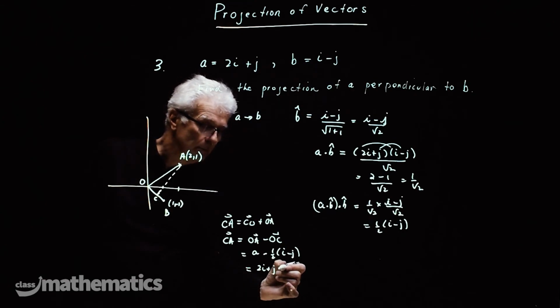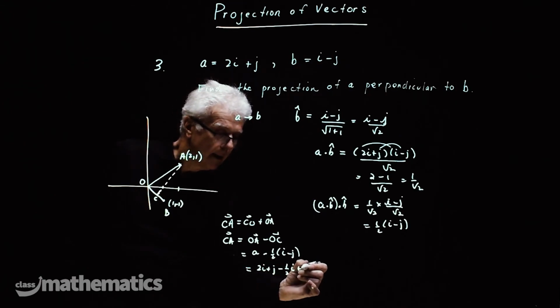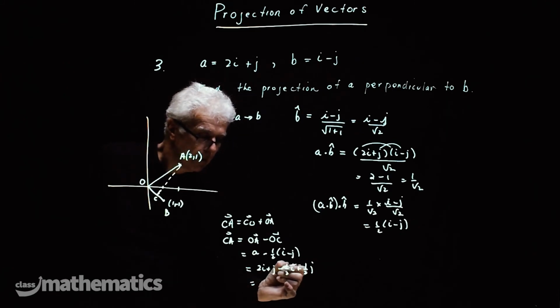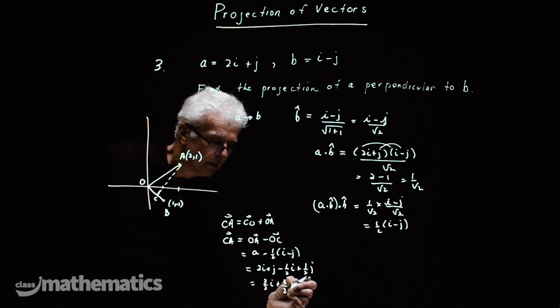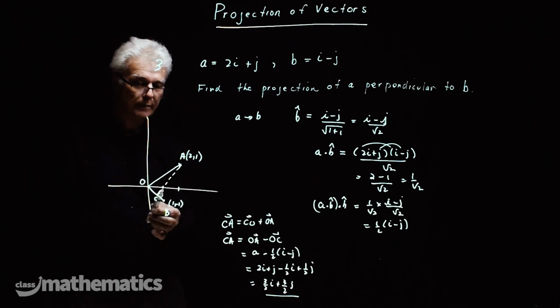That's minus 1/2 i. This is going to be plus 1/2 j, which gives me 3 over 2 i plus 3 over 2 j as your vector, CA.